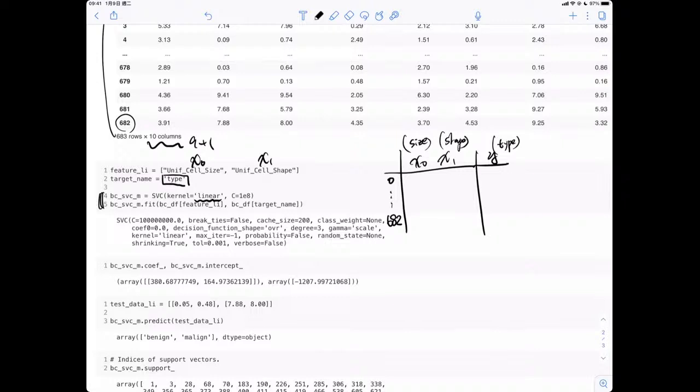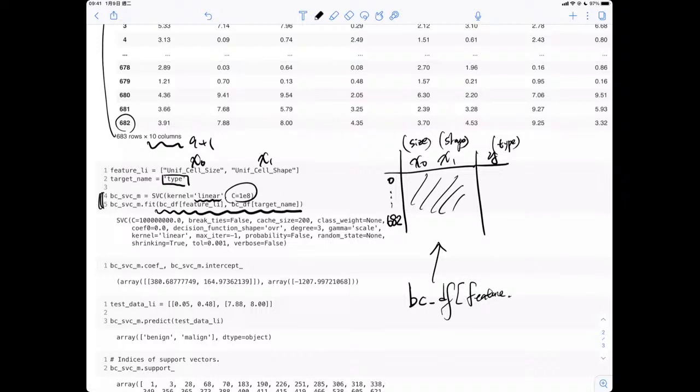We will talk about C later. So I give the feature which is right here, and here that is the target.